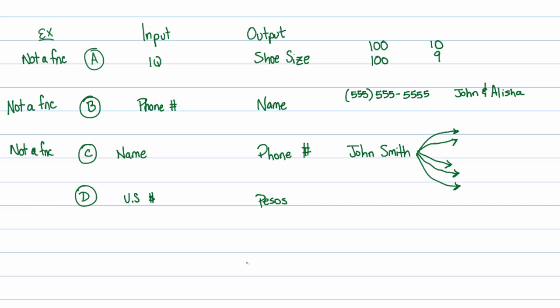Once they give you that option, it's not a function. So exchange rates are functions. This is definitely going to be a function because they're not going to offer you two possibilities for a given input. So that's an idea of a function.